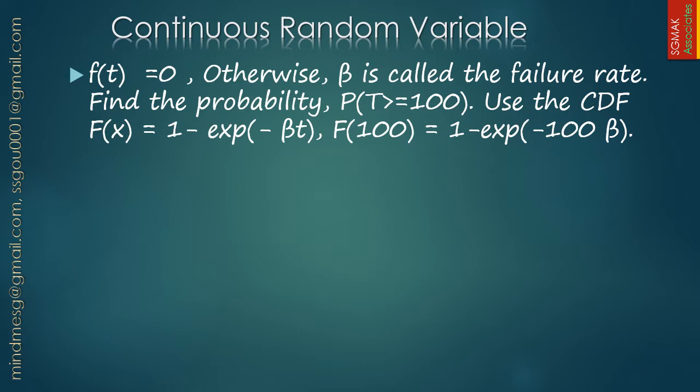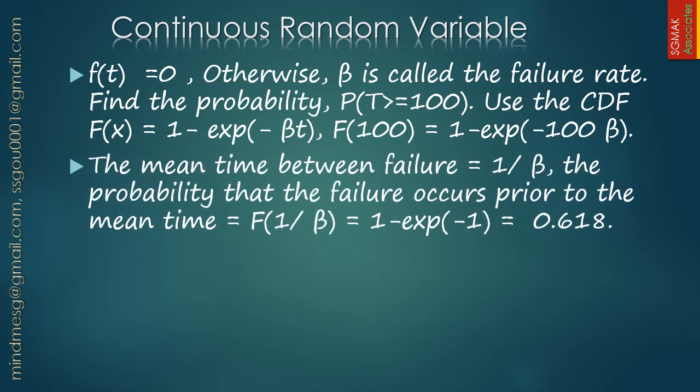I'll attach a handwritten note just to show how you do that conversion from PDF to CDF. So F of 100 is 1 minus exponential of minus 100 beta. The parameter beta is the mean time between failure, the average time between failure. And the probability that the failure occurs prior to the mean time is given by 0.618.